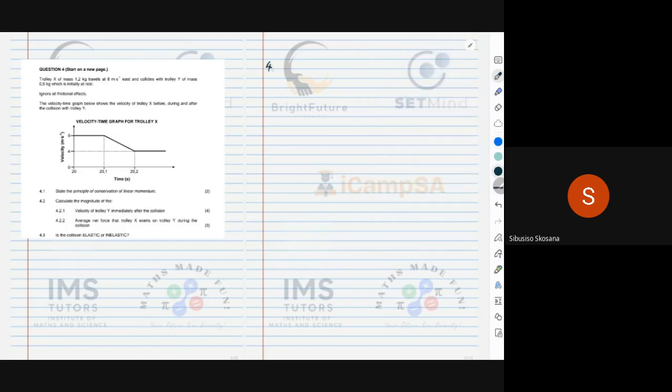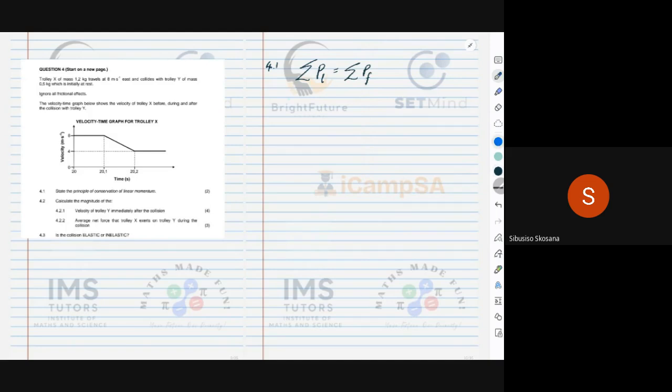So 4.1, the minute you see this, write your formula. You can write it maybe on your question paper so that you don't forget. PF like this.